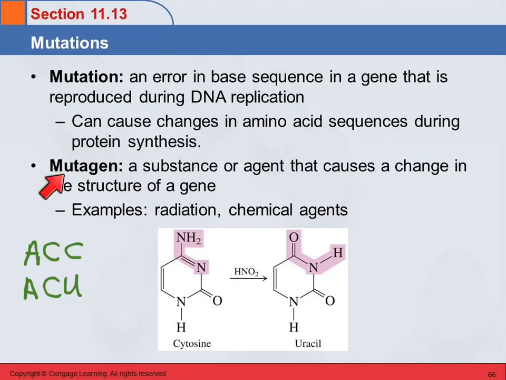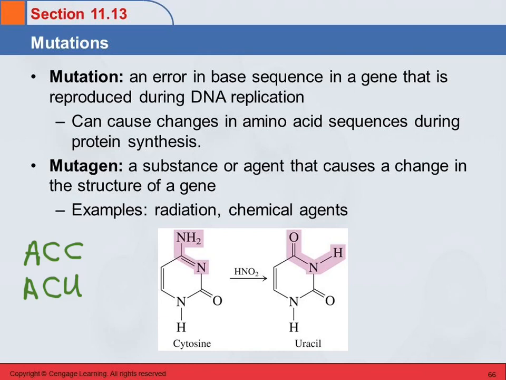A mutagen is a substance or an agent that causes a change in the structure of a gene. Examples of these are radiation and various chemical agents. Radiation, like from X-rays or other high energy radiation, can cause mutations in your DNA.